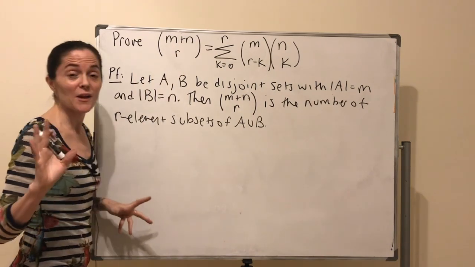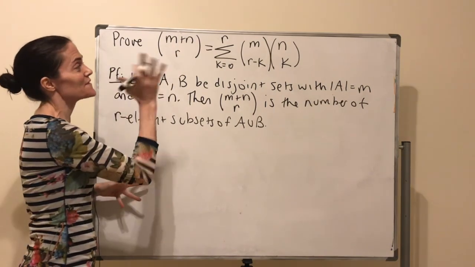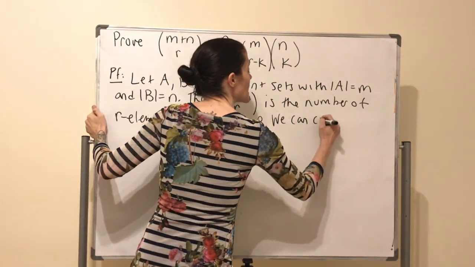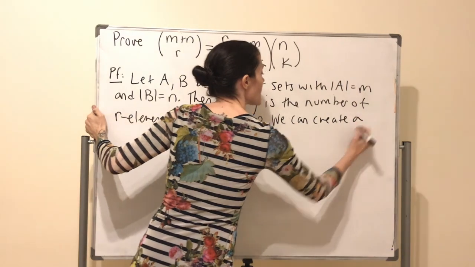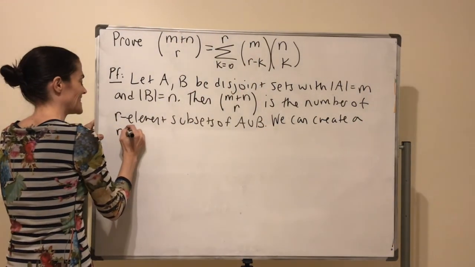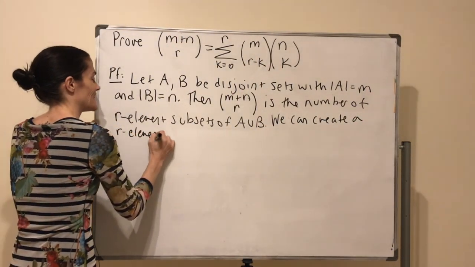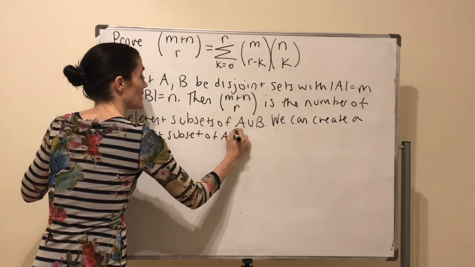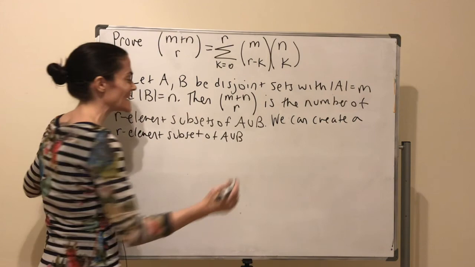Okay, so now we know a story, and we have justified the left-hand side. We can create an r element subset of A union B in the following ways.